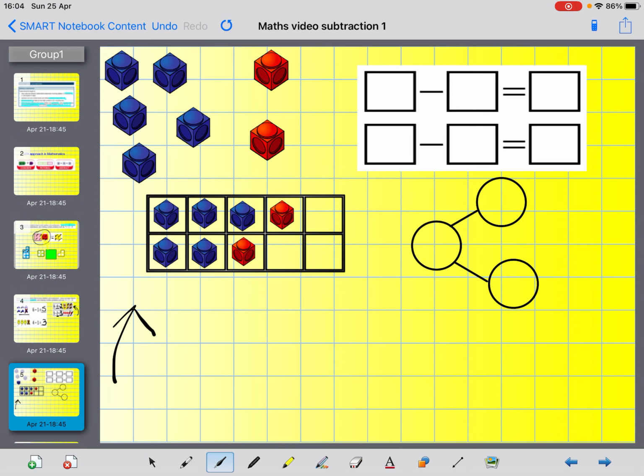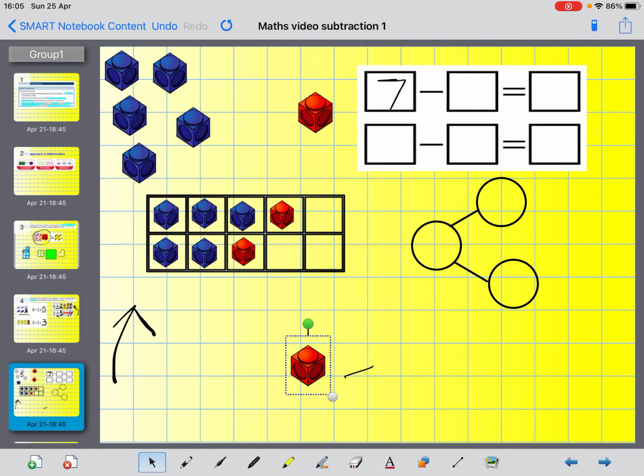So I might write a number sentence of how many there are altogether. There are altogether 7, and I can take away first, in this case, 2, the red ones, equals, and I've got 5 left over, which is here.